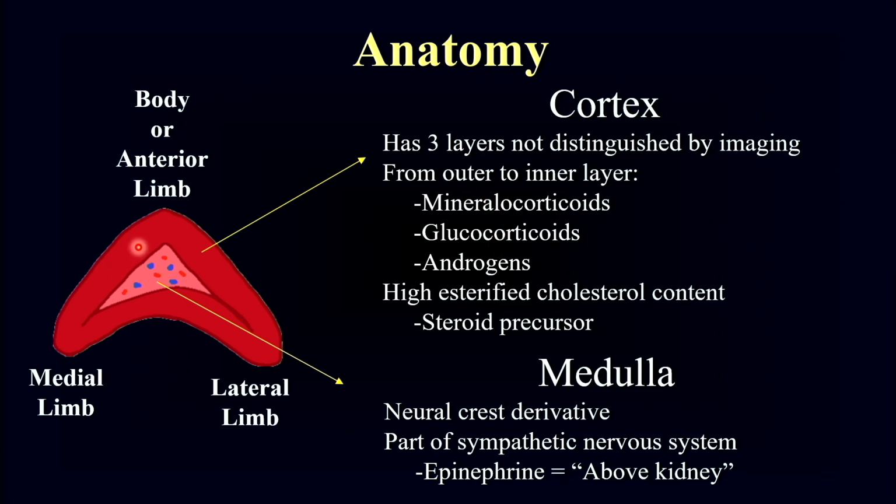And the thing I want to point out about this is that because these produce a lot of steroids, they have the steroid precursor, which is esterified cholesterol. So that's why adrenal glands have a lot of lipid inside of them. And then centrally, we have a second thing, which is the medulla. And this is a neural crest derivative. This is what secretes epinephrine into the bloodstream.